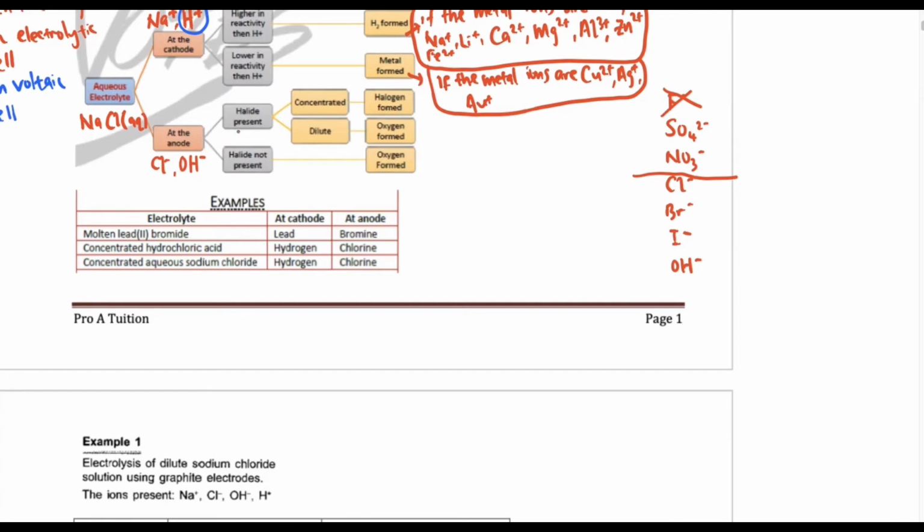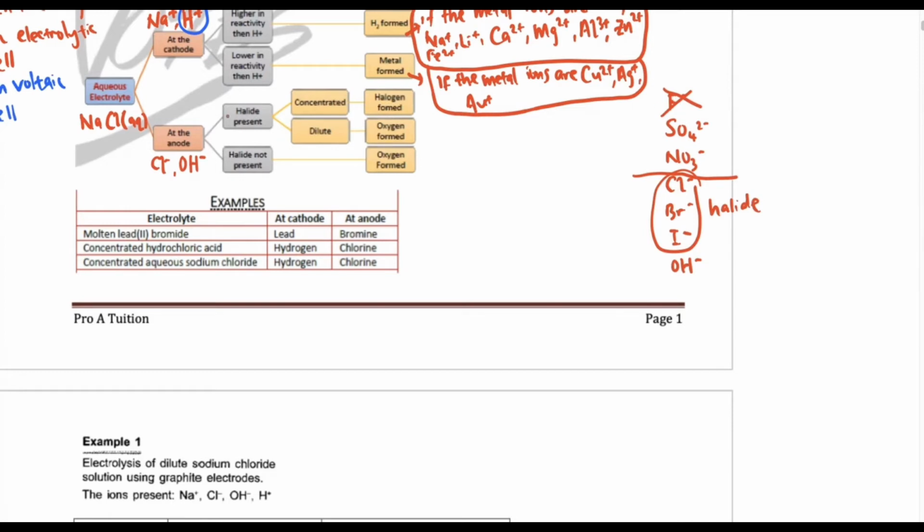Halide presence. If halide is present and it is concentrated, then halogens form. Okay, what is meant by halide present? If chloride, bromide, iodide are there, actually fluoride is also a halide, but don't care about fluoride.